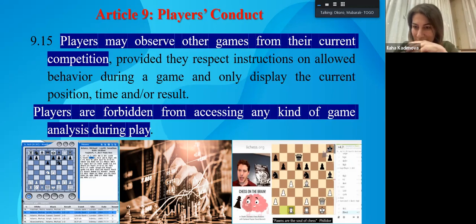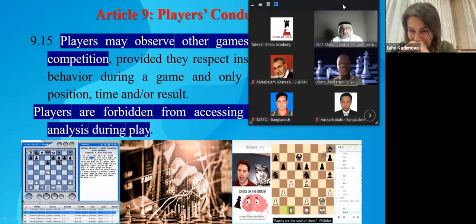I have one question. If you can, allow me so I can speak, please. Okay. In hybrid or online chess competition, there is some article which mentioned that it is not allowed for a player to use two computers, two devices.